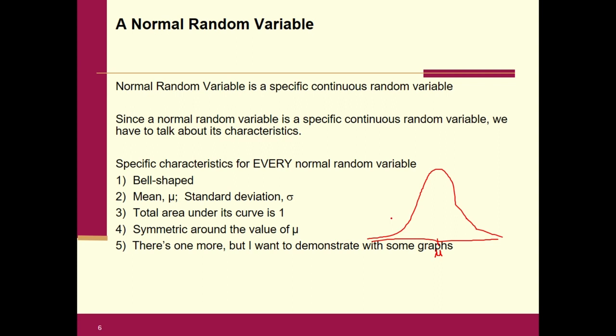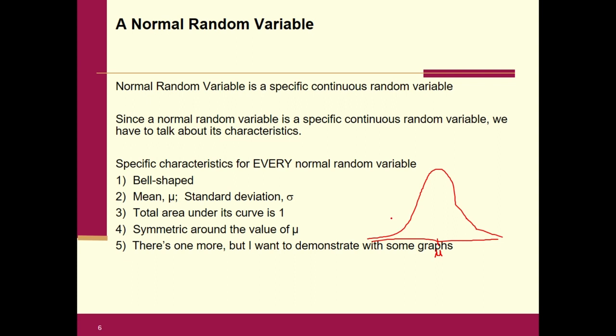there's one more, but I want to demonstrate that with graphs, okay? So how exactly in these problems are we going to know that it's normal? We're not going to have you look at graphs or whatever. We will tell you in the problem. Let's say that we're talking about male adult heights, and we might say male adult heights are normal, or they're normally distributed.